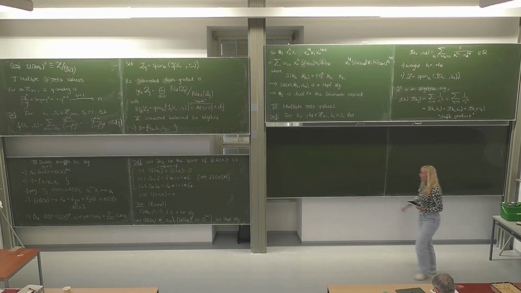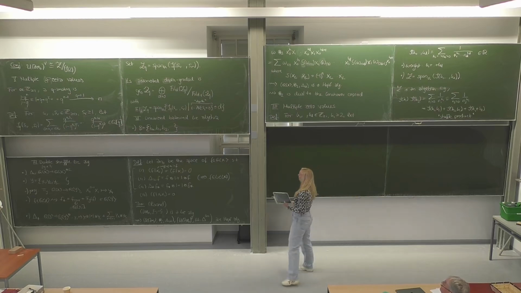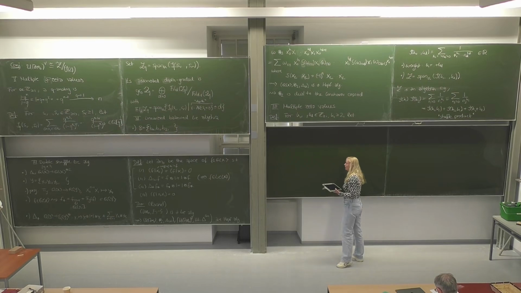Okay, so we still have the shuffle coproduct also on this alphabet B. This should be fine. I mean, we still want to be in this free Lie algebra setting.